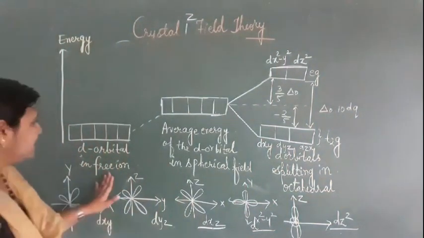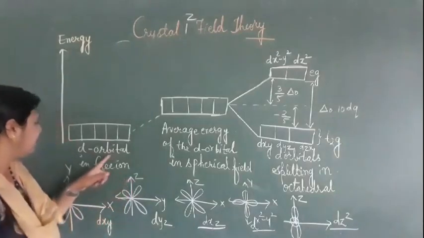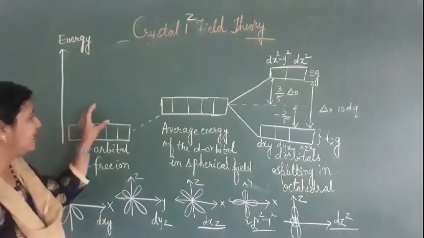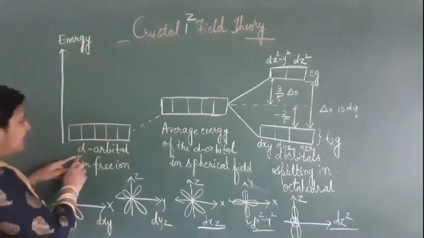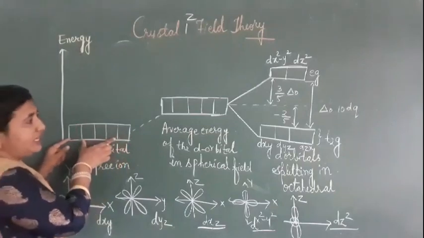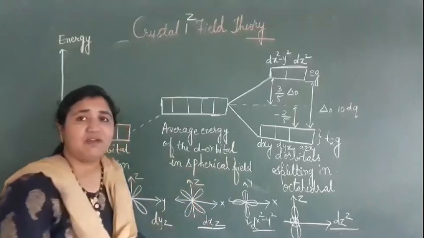So this is the energy level diagram for the crystal field splitting. Here see the d orbitals in the free ion, meaning before the ligands approach, the d orbitals' energy is equal, there is no splitting. And here we have the average energy of the d orbitals in a spherical field.